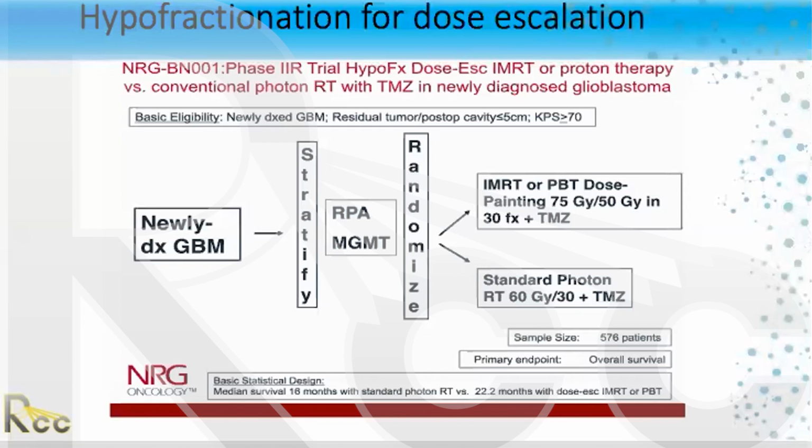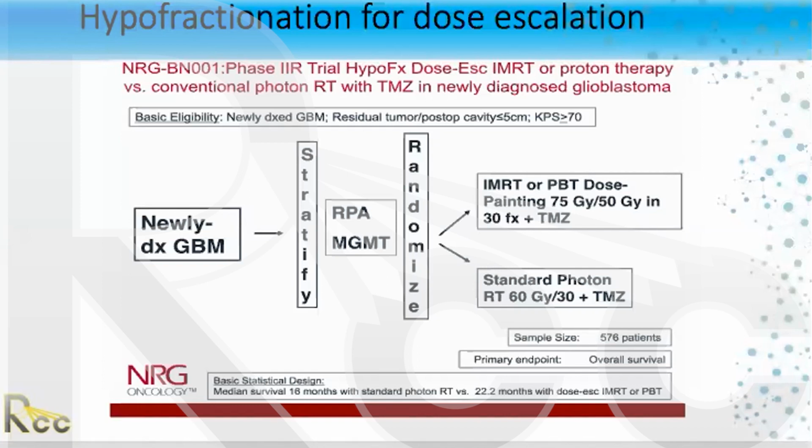But this notion is of taking patients with newly diagnosed high-grade gliomas and giving them, as part of their treatment, doses that include 75 gray to some subset of the volume, in this case the T1 post-contrast enhancing component. So you're giving that at a dose of 2.5 gray per fraction over 30 fractions.